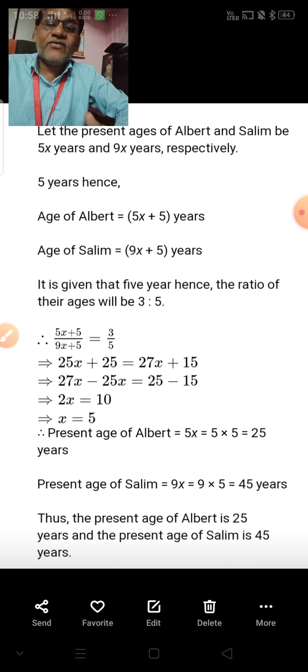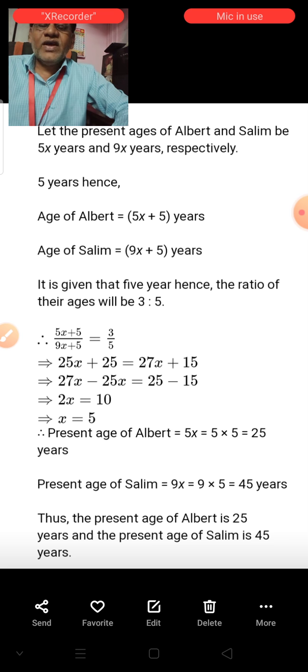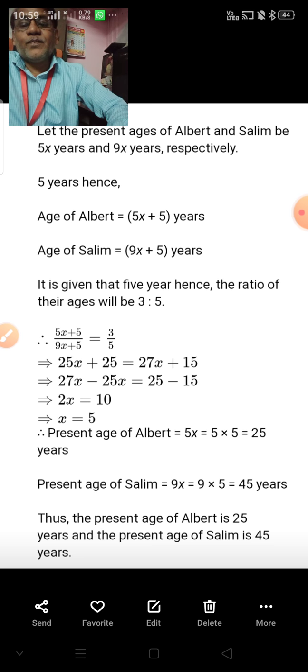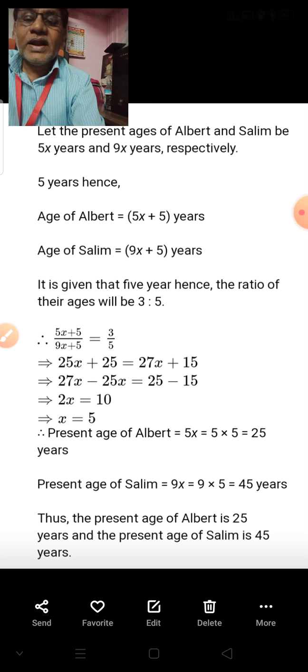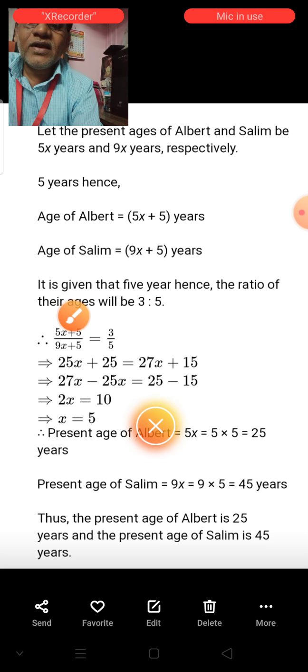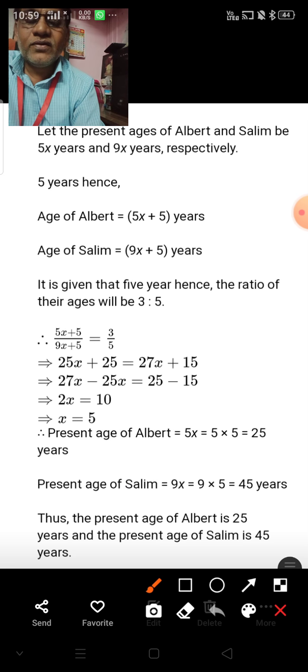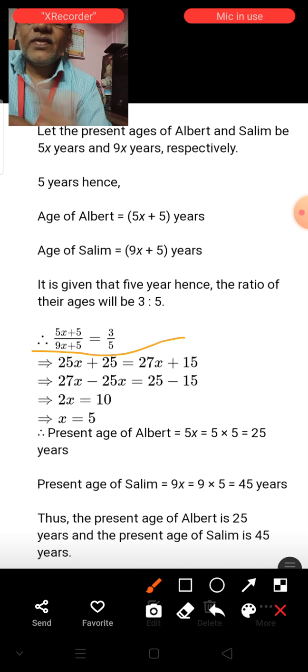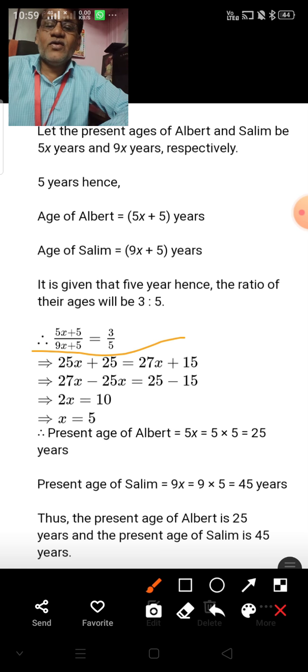So therefore (5x plus 5) upon (9x plus 5) is equal to 3:5.